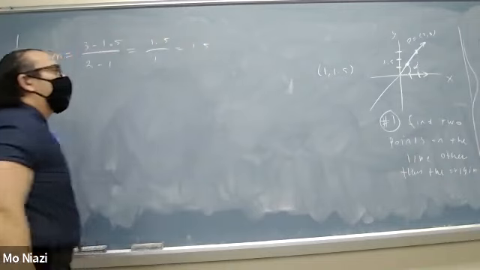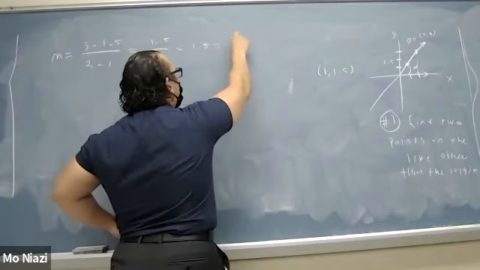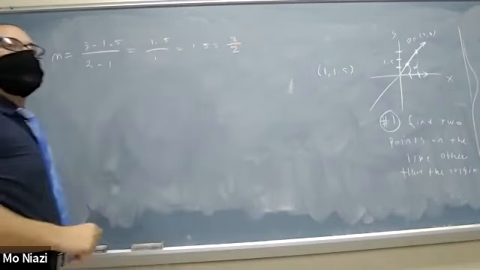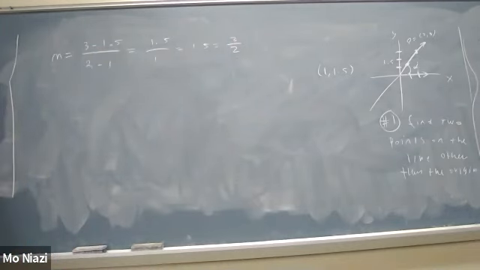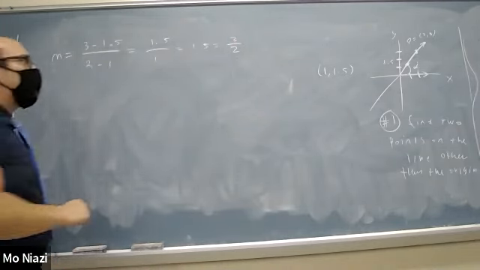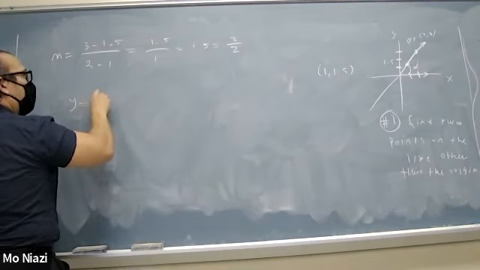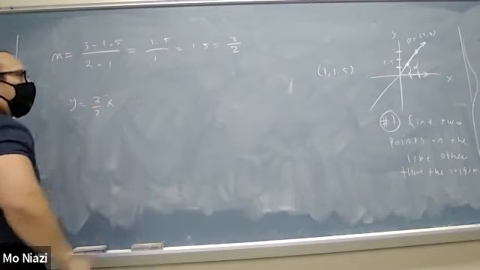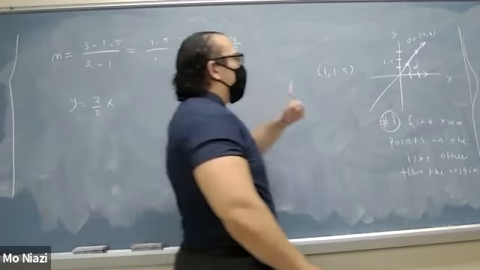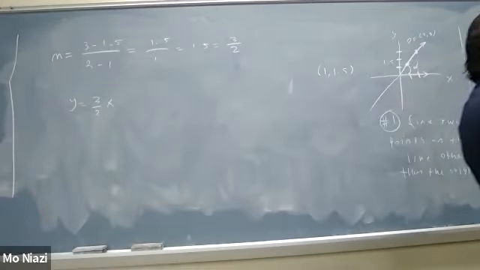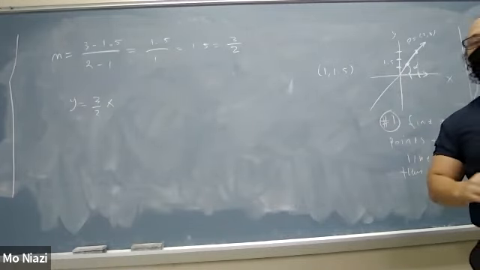It's 1.5, and this is our slope. In fraction notation, we have 3/2, right? This is our m. So y is going to equal 3/2 x. We could have constructed that info using the origin though still.